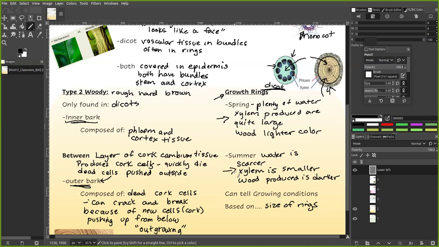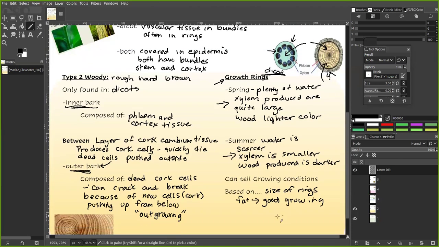Now, if the size of the ring is very fat, you'll see that there was a good growing season. It could produce a lot of tissue, thicken itself quite a bit. But if it was a small ring or very, very thin rings, it means it was a poor growing season, like in a drought.